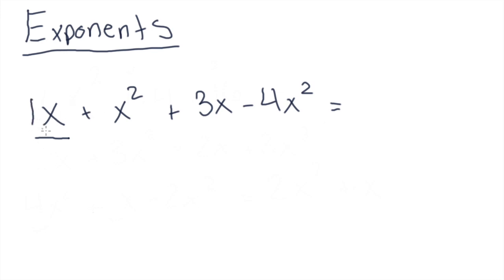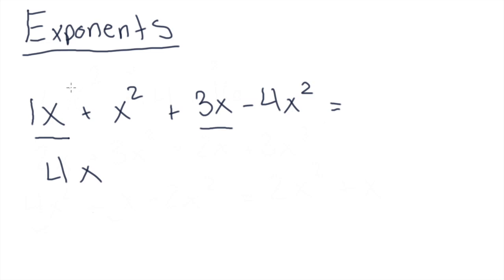If we don't have a number in front of the x, that means it has a 1 in front of it. So I'm going to look through my numbers and look for another x term. This is not 1, but this is 1, and that's the only other one. So I can add those two together. So that would become 4x.